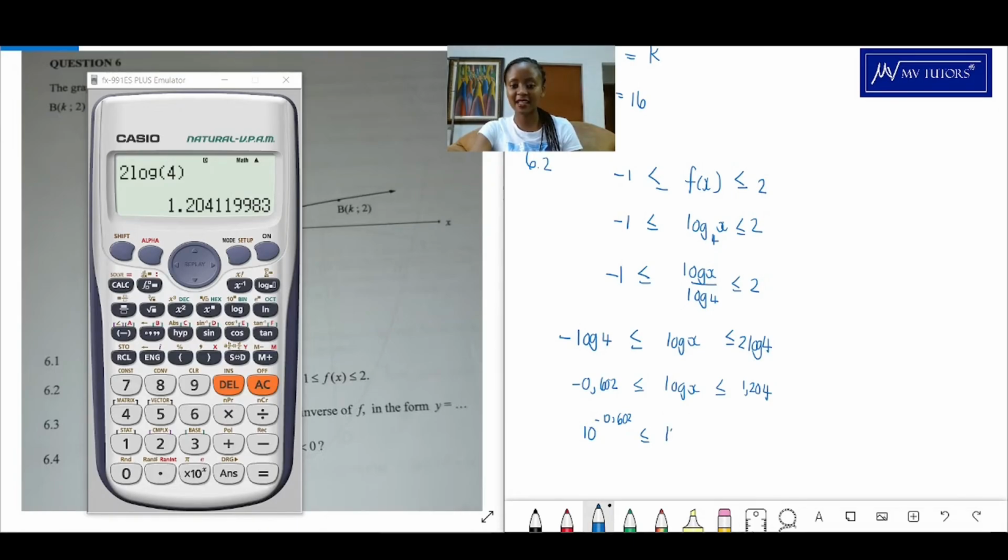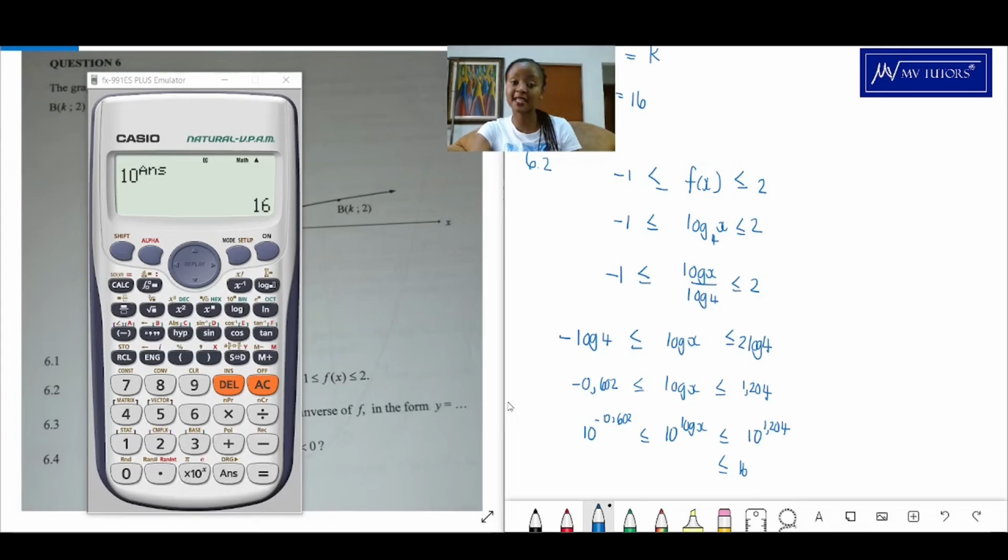I have 10 to the power log x, and I have 10 to the power 1,204. If I say 10 to the power this answer, I'm going to get 16, right? We already solved it before.